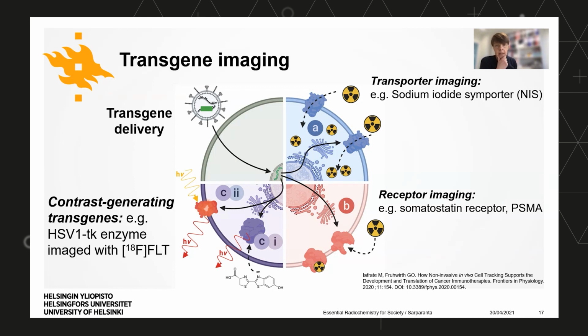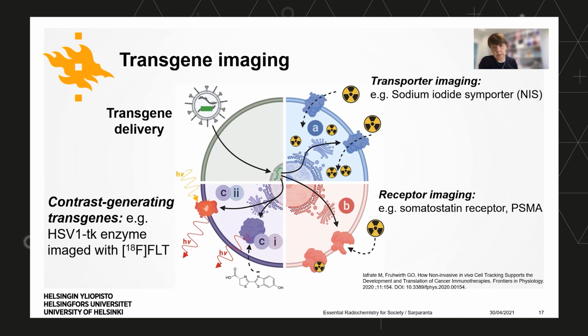Then the transgenes can elicit the expression of receptors on the cell surface, for example, the somatostatin receptor or PSMA, and those could then be imaged using the respective radioligands, so different octreotide analogs, and then the peptide mimetics for PSMA. Then there is something known as the contrast-generating transgenes.